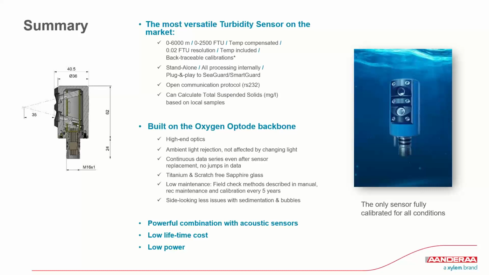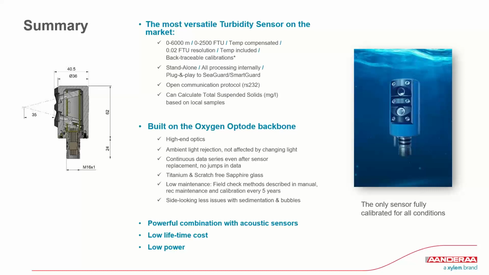I think that's valuable when you are in the field measuring with several sensors. It's standalone, it's easy to use with both on-road equipment and other equipment in the back end, has open communication protocols, and can also calculate total suspended solids.